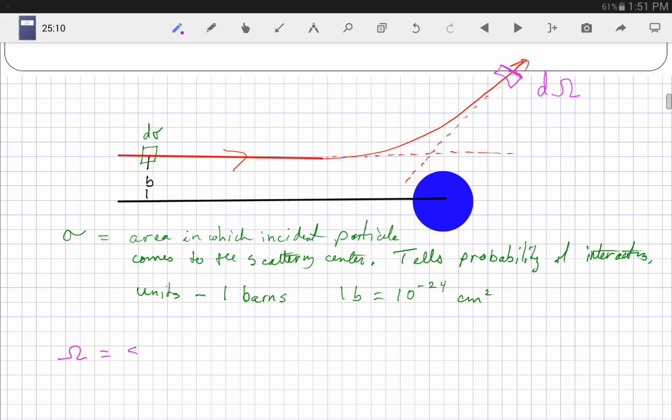Then we have omega, which is a solid angle. It's scattered through. So if you make a complete sphere, the solid angle is 4 pi steradians. The units are steradians.